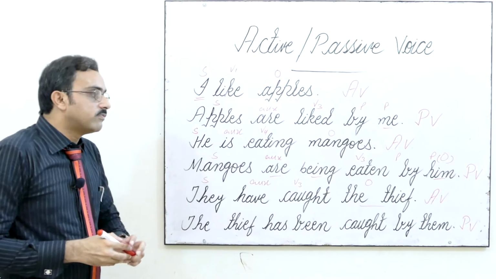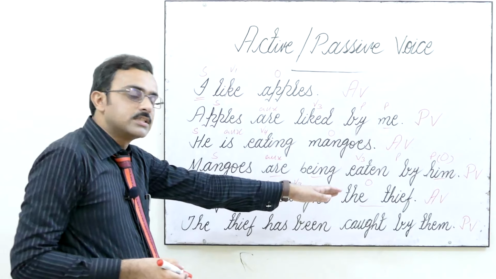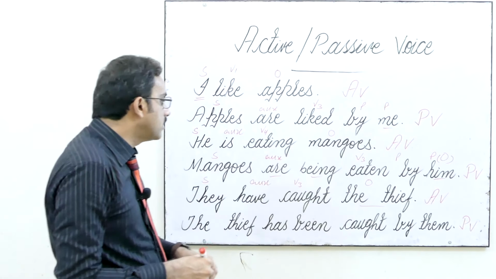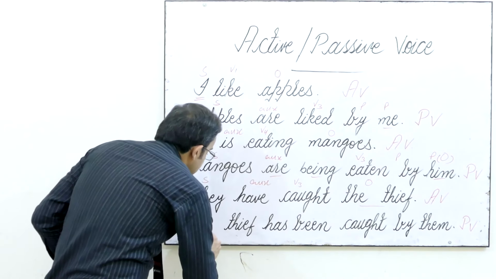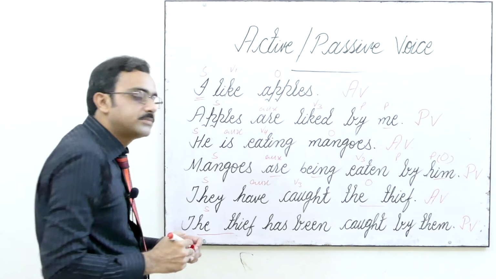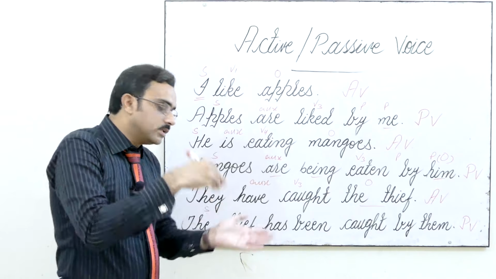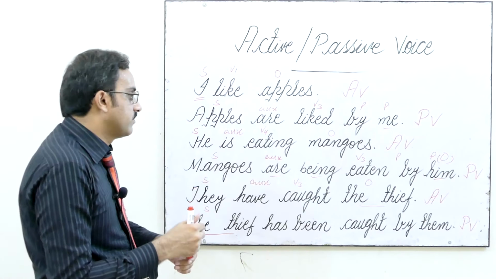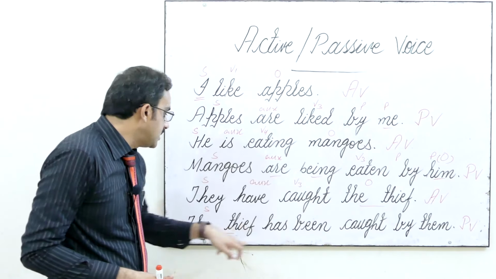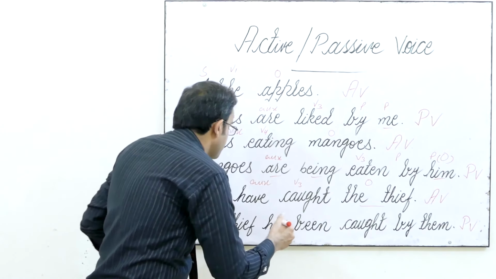But now when we are going to change this active voice into passive voice, what are we doing? We are taking the thief, the object, as subject. So the object changes into subject when we change active into passive. So the thief has been.